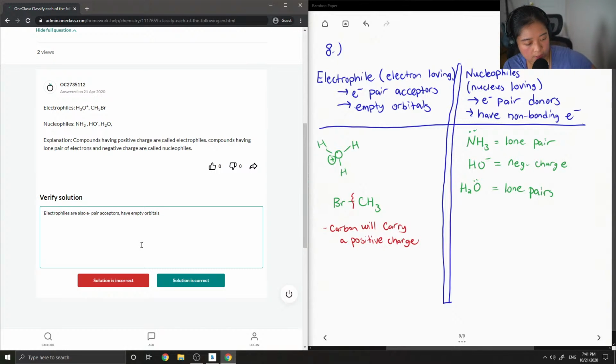Then I'm going to add that nucleophiles are electron pair donors. And they can also have non-bonding electrons. Okay, but this solution is still correct.